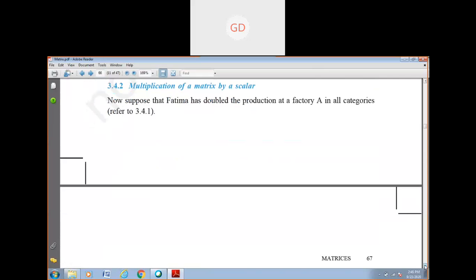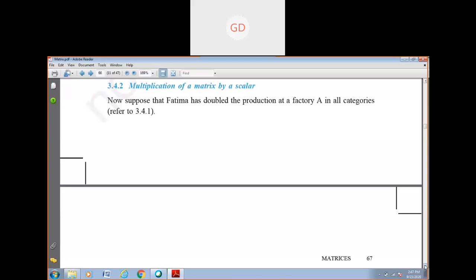And next, the multiplication of a matrix by a scalar. Scalar means, as I told you, just a constant or a number. It is not in matrix form. On the other hand, there is a matrix. So a matrix can be multiplied by a scalar. How is it allowed?